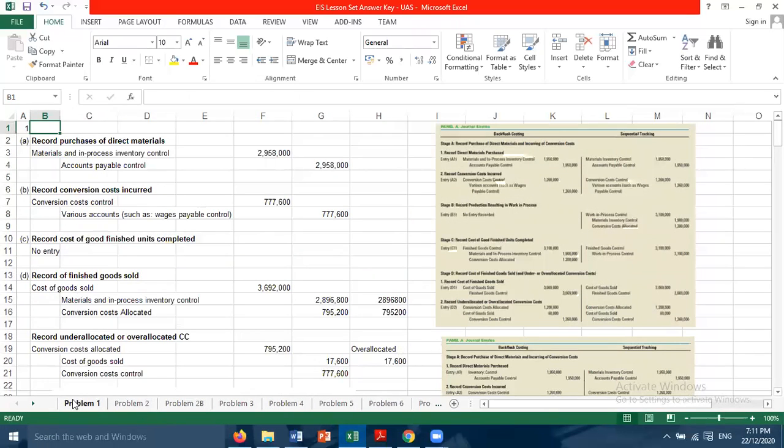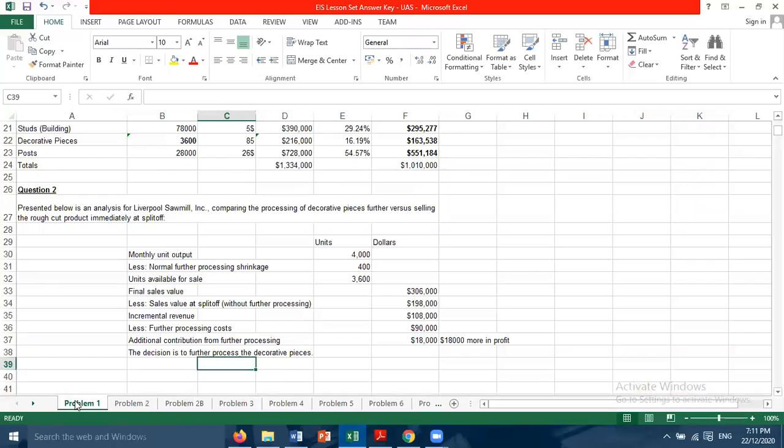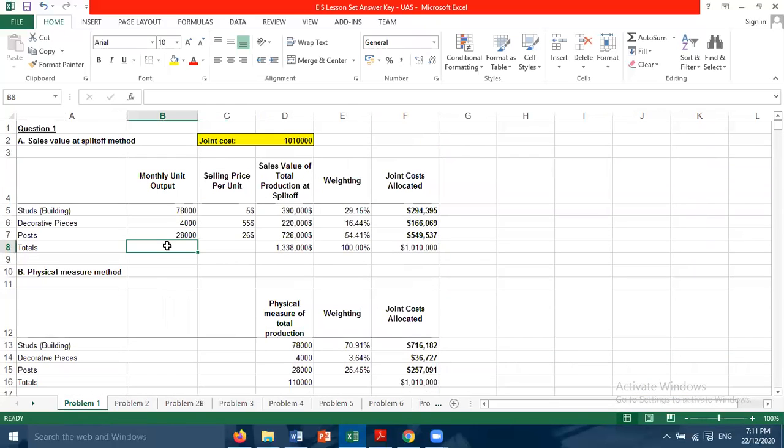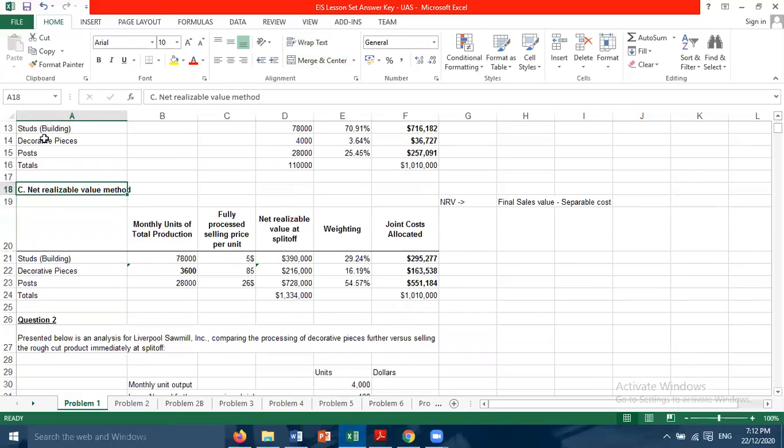So maybe to sum it all up, I'll give a quick review. All right, so the important thing in joint costs and byproducts is that joint costs can be allocated through 4 different methods actually. The first one, remember, sales value at split off. The second one is net realizable value. And then there will be a third one, which is constant gross margin.